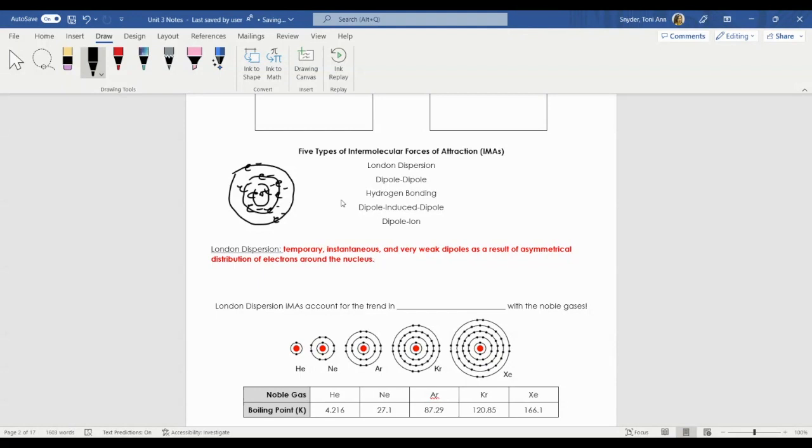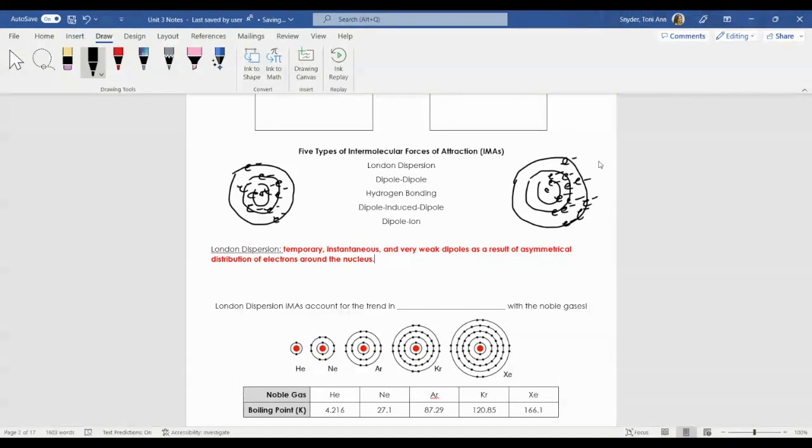For the most part, atoms will look like this, with your nucleus in the center, and all of your electrons distributed symmetrically around that nucleus. However, sometimes you might have your nucleus in the center and your 3 shells, but there could be a very brief moment in time where all of your electrons exist on one side of the atom or molecule.